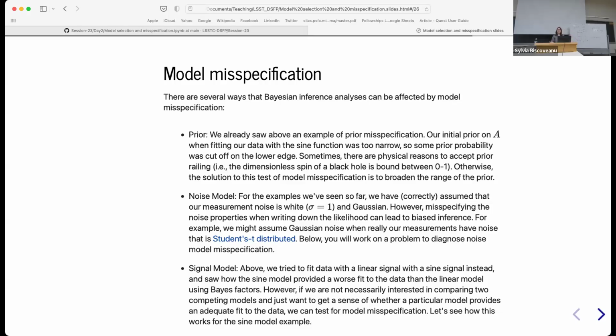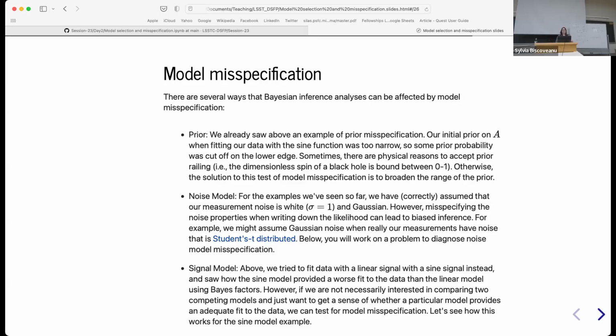Okay, we can also misspecify our noise model. So far we've been working with data that has Gaussian noise with unit variance. But as you'll see in the problems after lunch, not all data is going to be Gaussian distributed with unit variance.